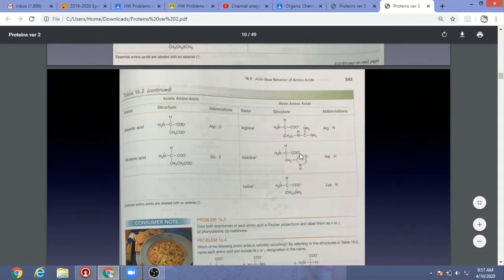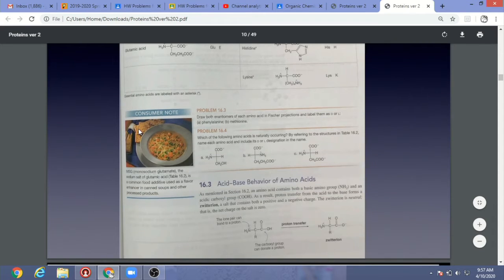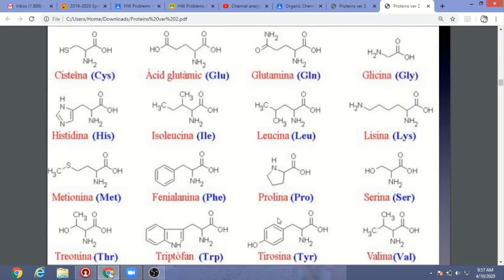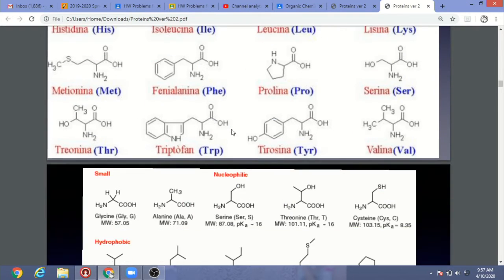If you forget what that is, it has to do with the side chain adding in either an acidic or basic component. Then we talked about the acid-base behavior, what happens when amino acids are placed in acids or bases. They'll do different things.